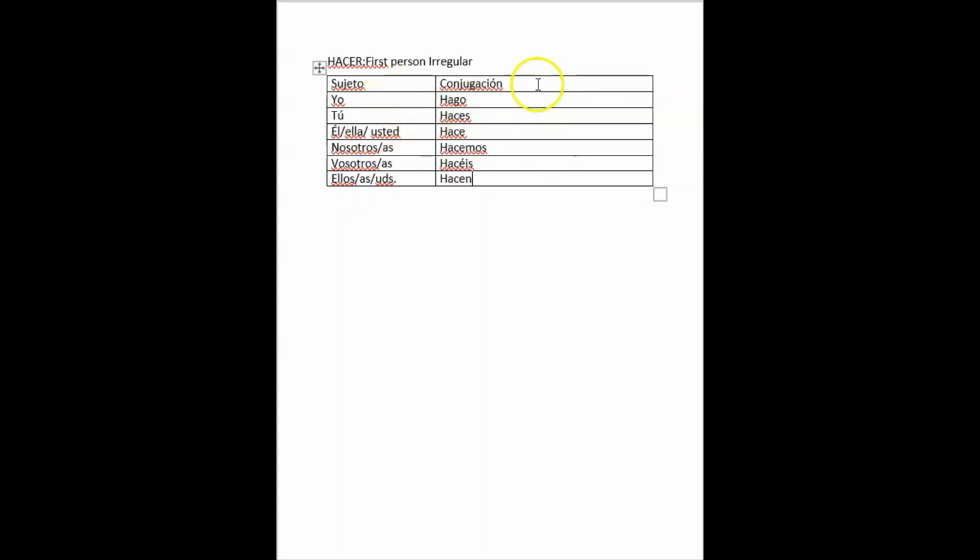Okay, so hacer is a first person irregular verb. This is the conjugation, and hacer means to do or to make. Okay, so the conjugation of the verb hacer is hago, haces, hace, hacemos, hacéis, hacen.